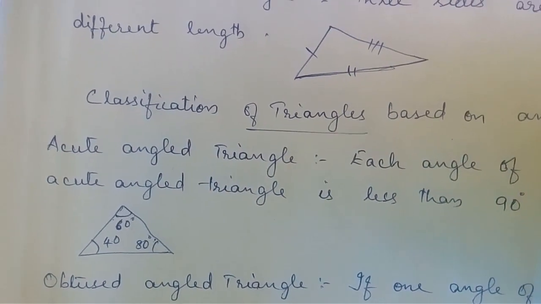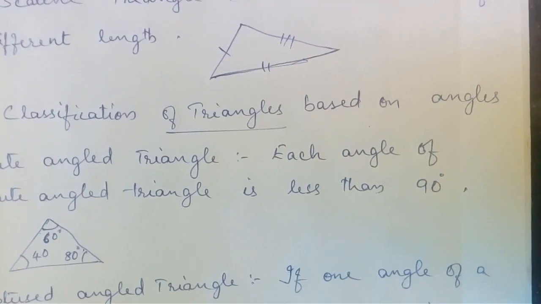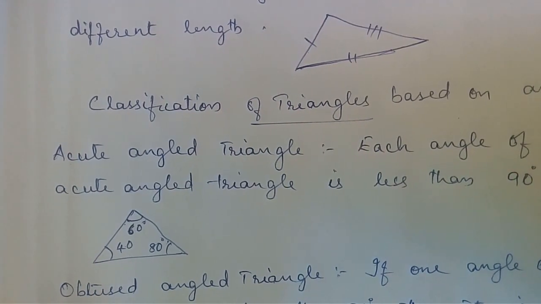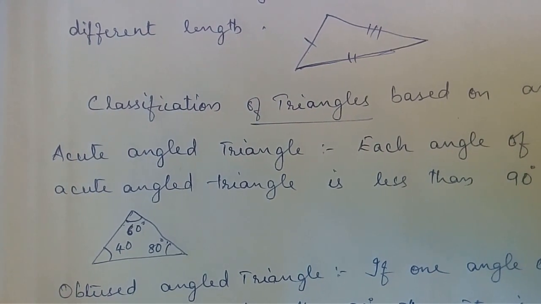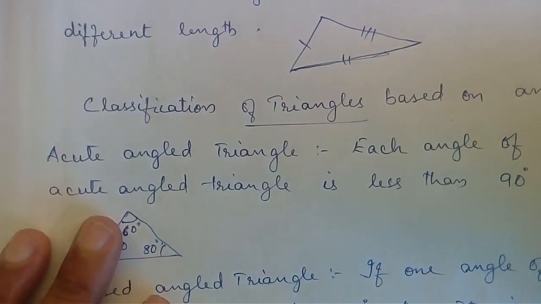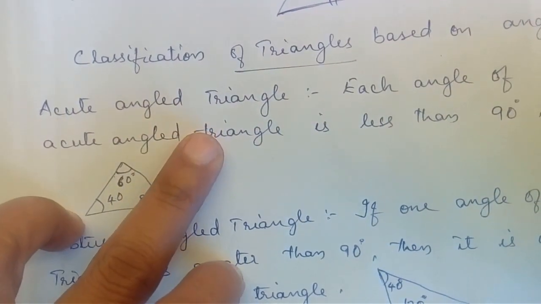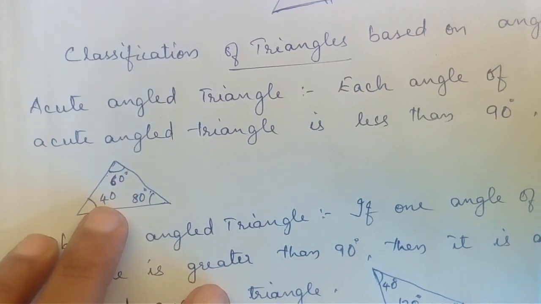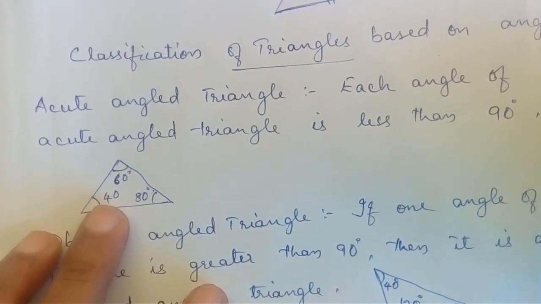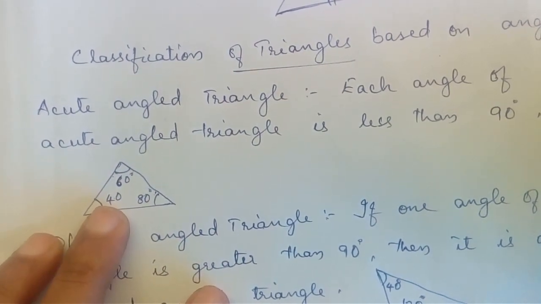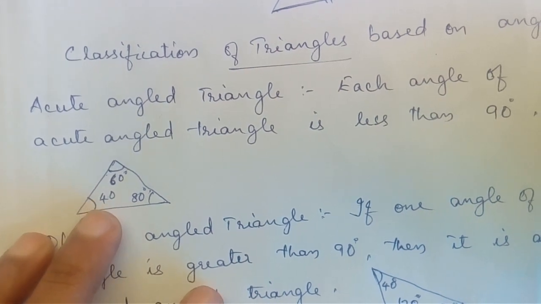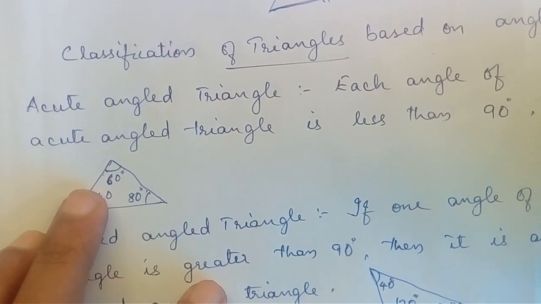Then classification of triangle based on angles. We know what is an acute angle, obtuse angle, right angle. If these angles are included in the triangle, we can see the first one, acute angled triangle. Here in the acute angled triangle, each angle will be less than 90 degree. You can see the marking. Okay.